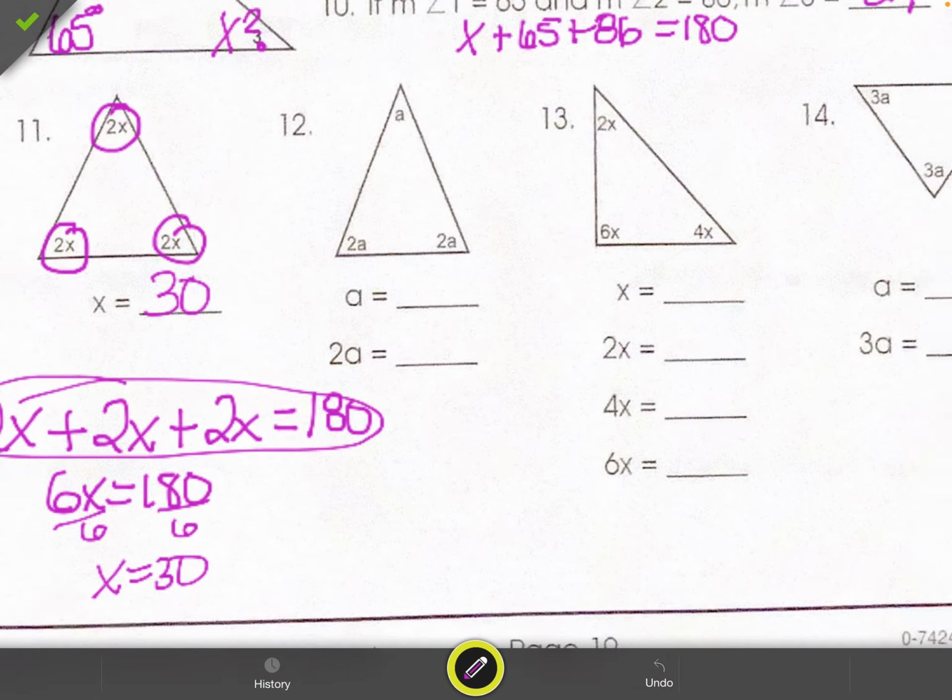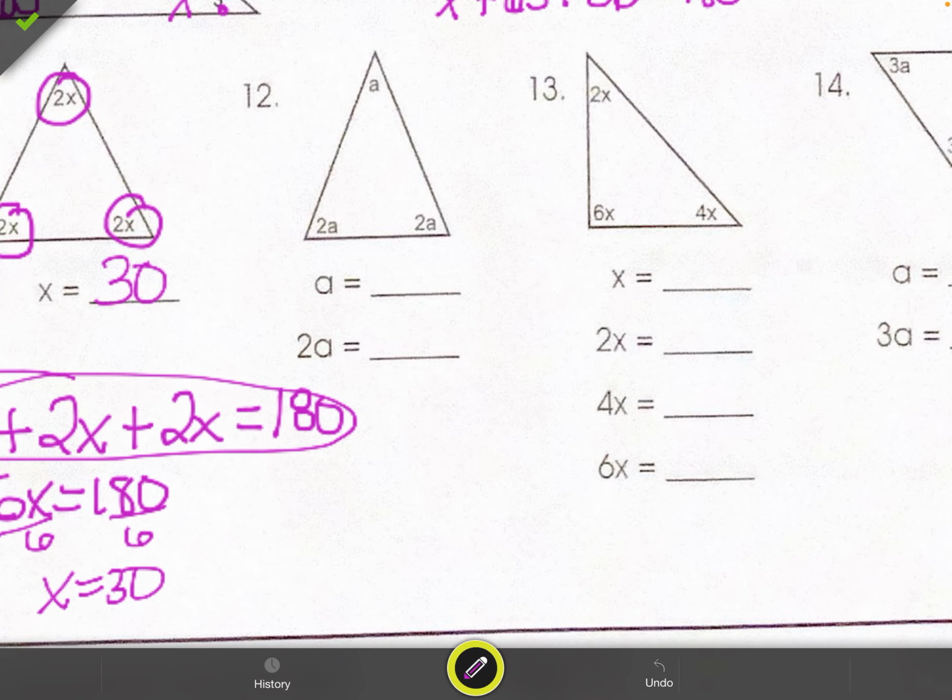All right, so if you look here, they actually want a and then they want 2a. So before we can get 2a, we need to know what a is. So we're going to write our equation. Just make sure you're adding all 3 angles. That's the only mistake we see people make. So some people like to just circle a plus, what's another angle? 2a plus, what's the third? 2a equals 180.